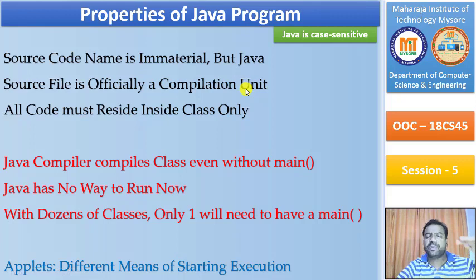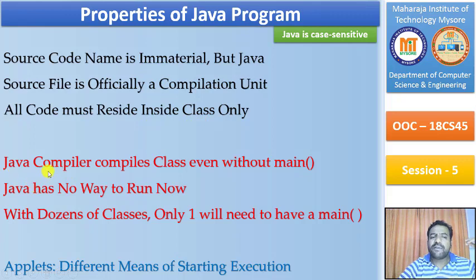It is not just an input. It will stay as a complete part of the compilation process. And as I have just told, all code of the Java program must reside inside a class only. Either the class you define with the main member function or any other independent class, but make sure all the instructions are inside a class only.